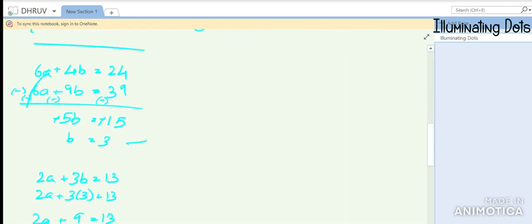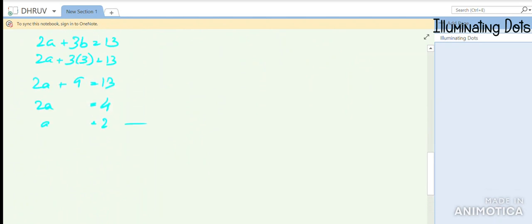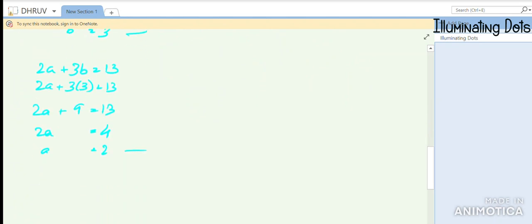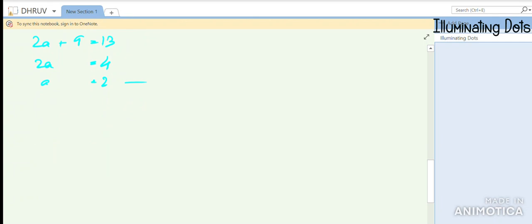We know that a is equal to 2. Now we took 1 upon x as a, so 1 upon x is equal to 2, so x becomes 1 upon 2. And we got b is equal to 3.